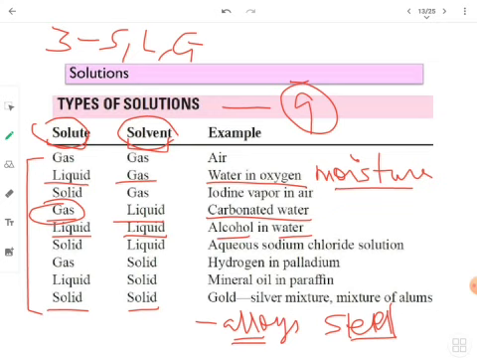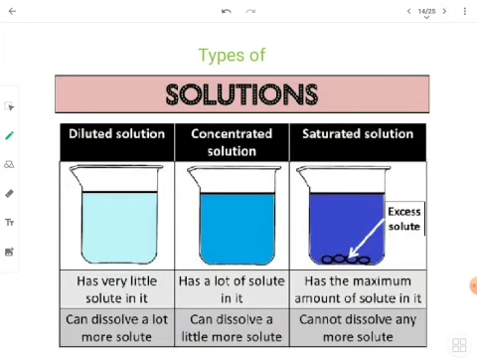So you can also talk about the other examples, and these are the 9 types of solution depending upon your different type of solute and solvent. Now one more classification of solution is on the basis of their concentration. For example, if you talk about the salt solution only, if you add some amount of salt in water, 1 tablespoon, that is basically a diluted solution.